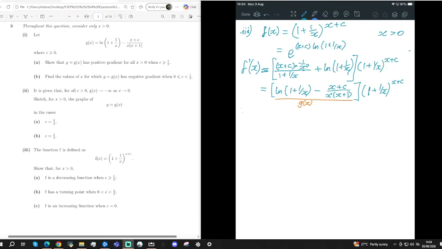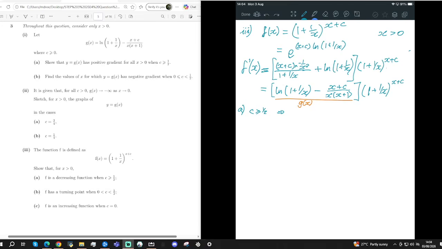So for part A of this section, c is greater than or equal to a half, which means, if we look back, this is from part 2, part A, but that was only a special case.